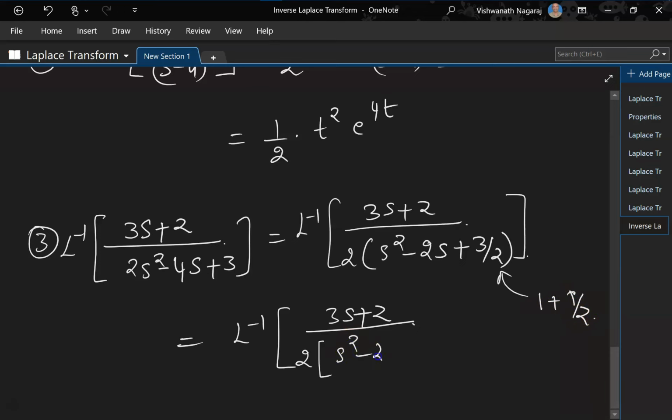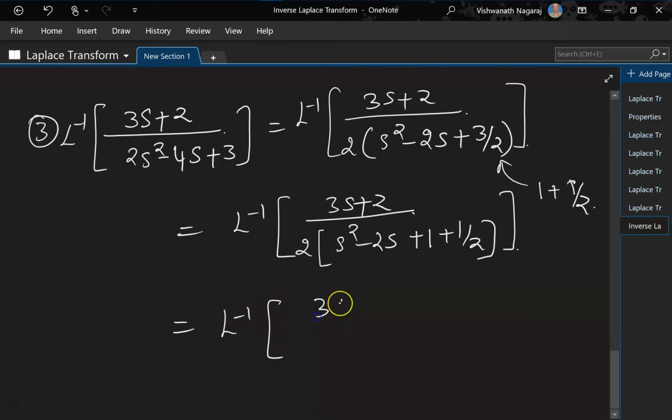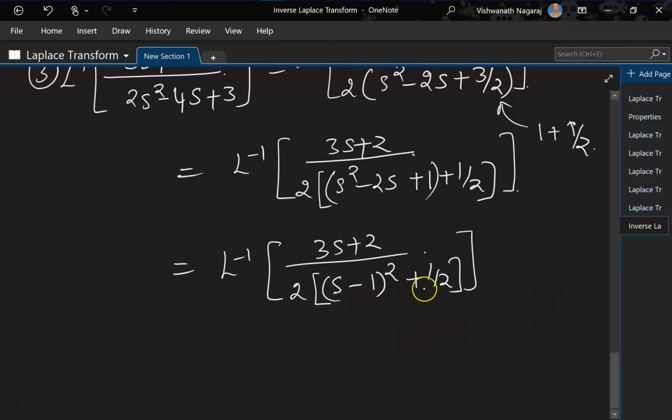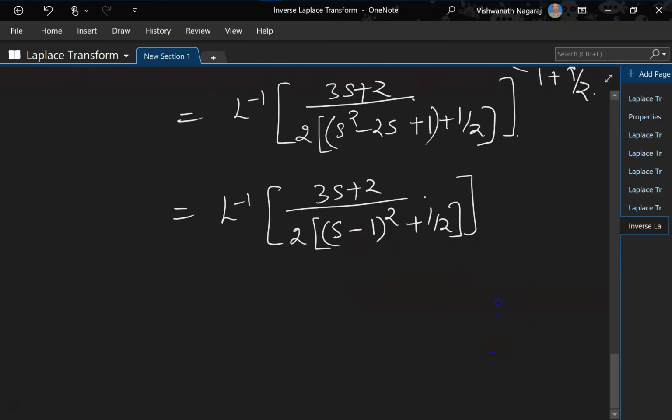So s square minus 2s plus 1 plus half. Laplace inverse of 3s plus 2 by 2 times. Now this is nothing but s minus 1 square plus half. Make sure that you do the bracketing properly.